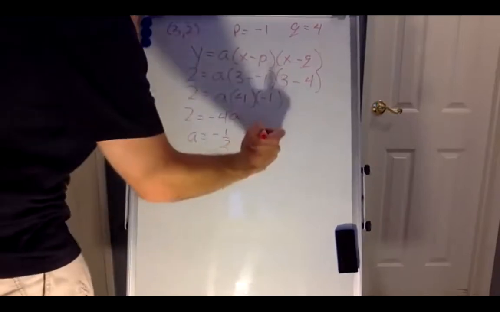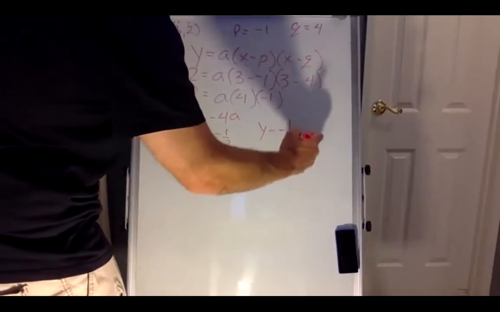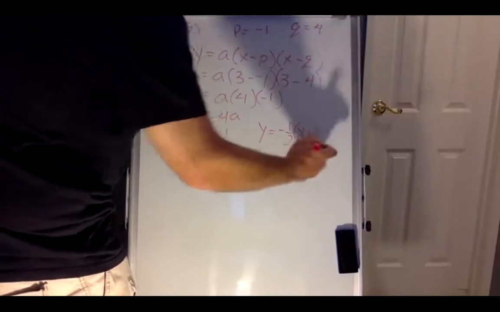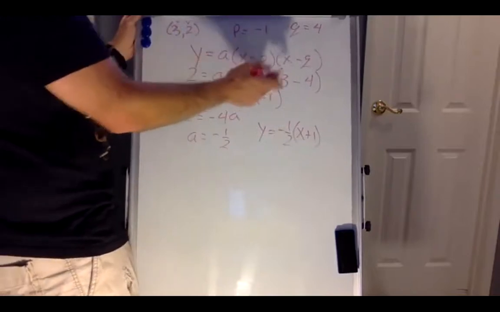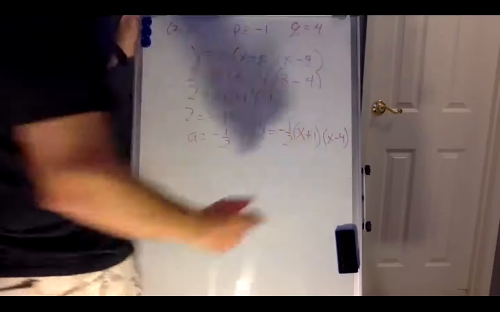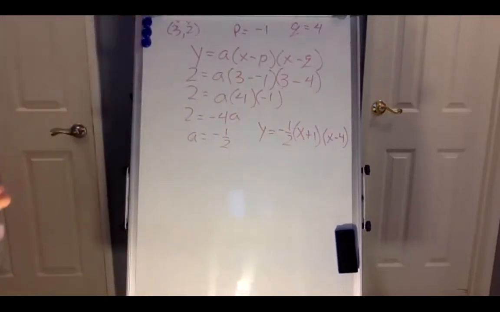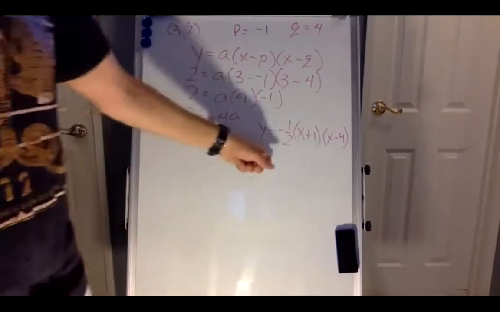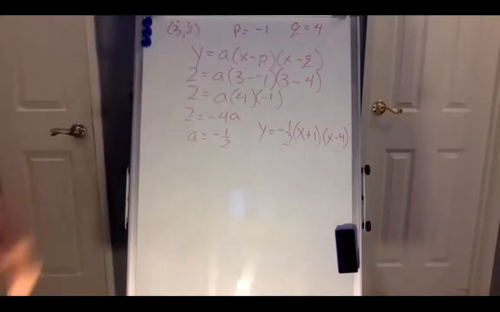Plug back in. Y is equal to -1/2 times (X plus 1), so I'm putting the P in, and you have to put the Q in, times (X minus 4). Ta-da! Now you have it in intercept form, which is acceptable. You leave it that way. Questions?